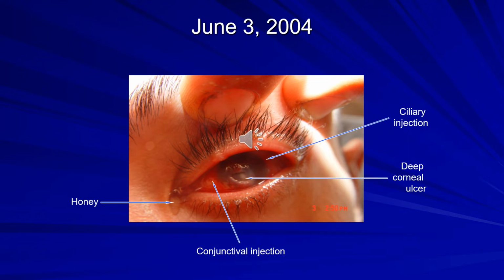This photo clearly shows the changes which occurred in the left eye affected. It shows the deep corneal ulcer, the ciliary injection, the conjunctival injection, and also appears here the drops of honey applied inside the eye.